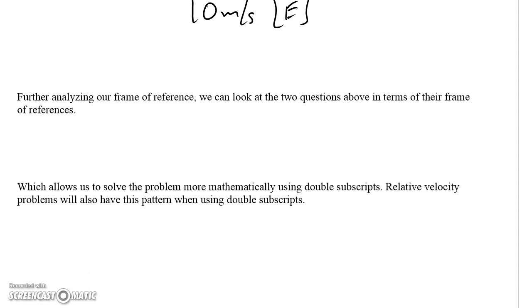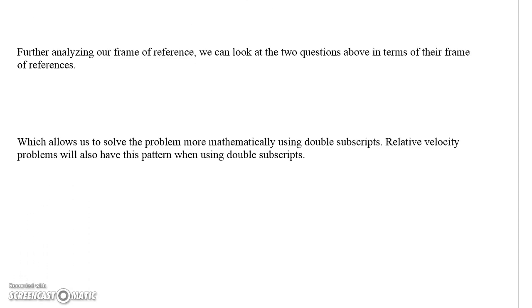But let's put some mathematics to it, and how we're going to do that is looking at the reference frames and using a system that involves double subscripts. So, let's start with what we know. We know the speed of the bus is 8 meters per second. So if we look at problem A, this would be the vector velocity of the bus compared to the ground, because that's what it would be in reference to at the surface of the Earth, is 8 meters per second east.